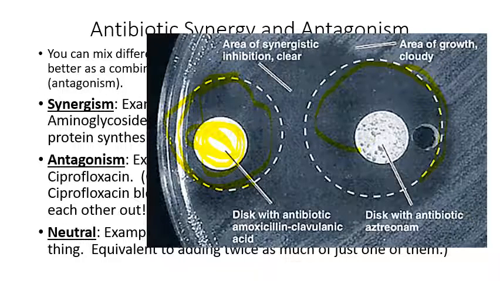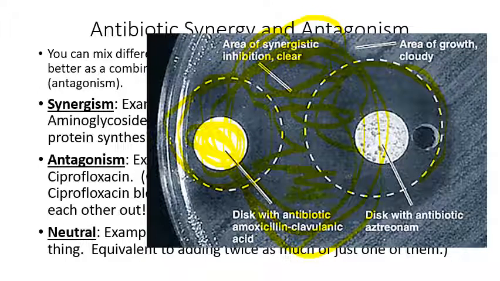But notice that in between them there's an even bigger area, and that indicates an area of antibiotic synergism. The two antibiotics are working better in this area because they're together than either one of them does alone. So that's a very simple, elegant way to test for antibiotic synergism.